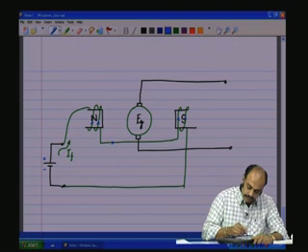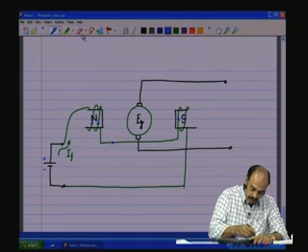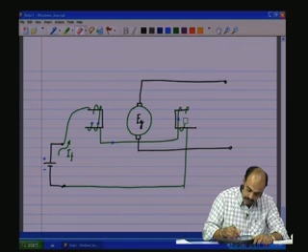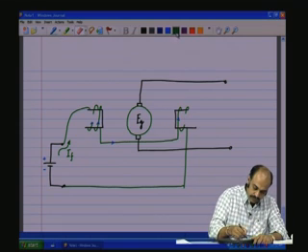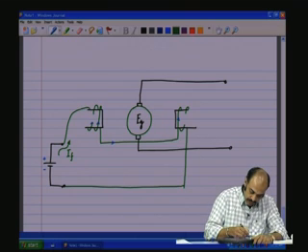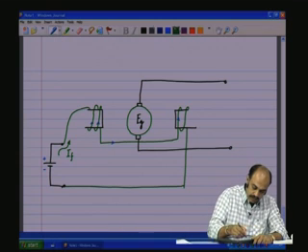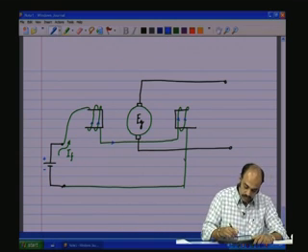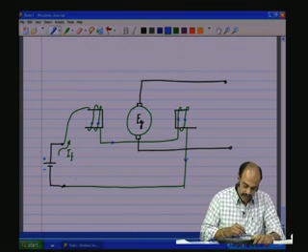And now no longer do we have the permanent north south poles, it has become an electromagnet, with the directions being set by the way the current is flowing through in this green wire as indicated.